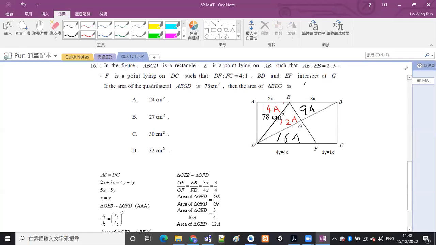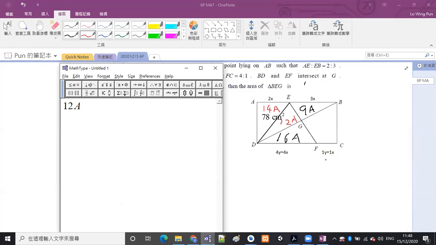So now the given information about 78 cm square can be used, right? 12A plus 14A should be equal to 78 cm square, which means 26A is 78. So A is equal to 3 cm square.